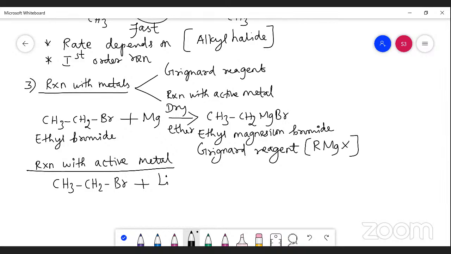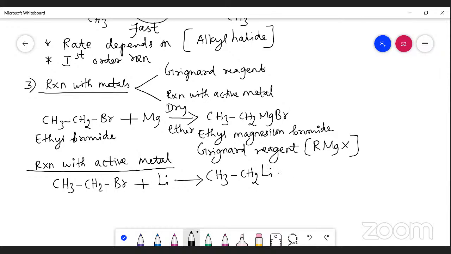Whenever it reacts with lithium, lithium being a reactive metal, what would be your products? Now you guess the product. One lithium should be added to the ethyl group, so CH3 CH2 Li.